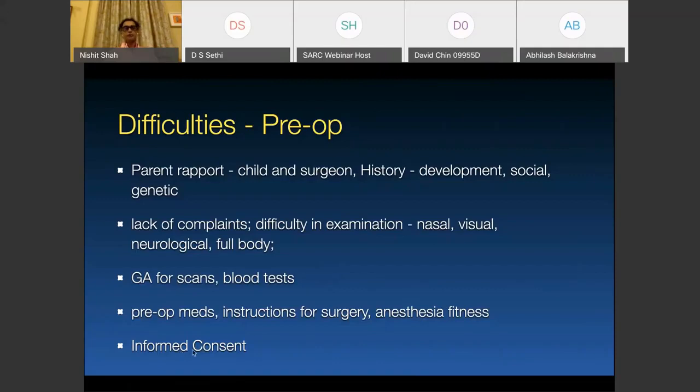Finally, of course, informed consent is vital. This is true in any surgery, but even more so when you're dealing with children, because God forbid, if something were to go wrong, the situation can very quickly get acrimonious, and the relatives may get a little more aggressive than normal.